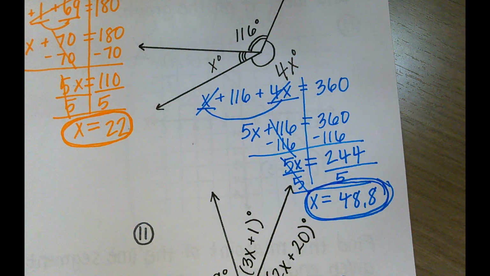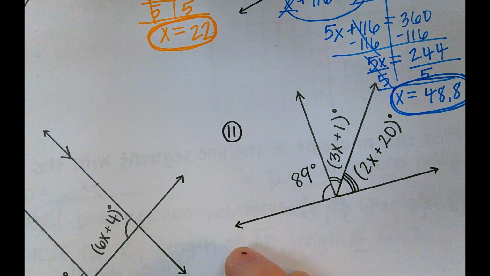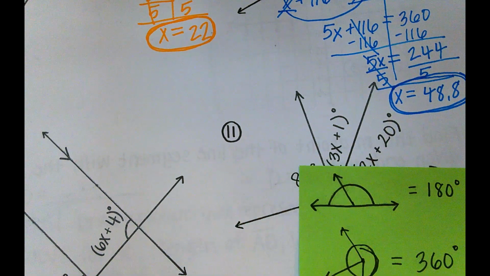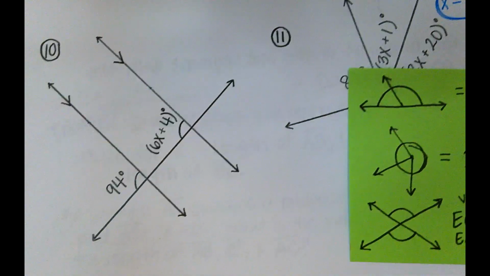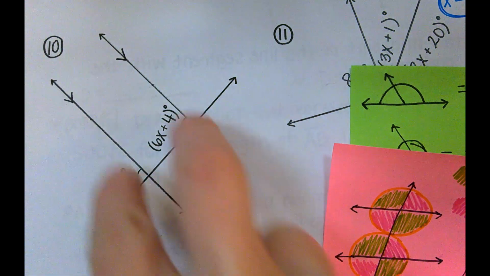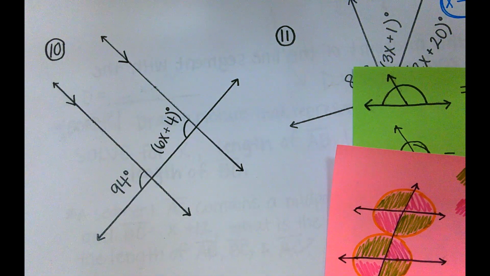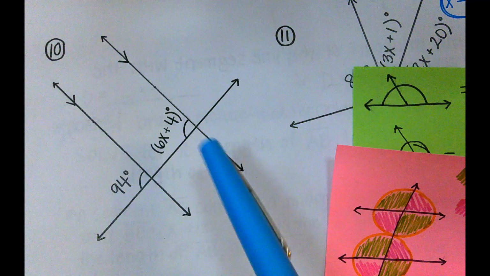Okay, that's number 9. Are we ready for 10? Okay, number 10. What's going on in number 10? They're equal. Good. This one, we have parallel lines again. We could draw those circles and see that they would be the same color, so they're equal.